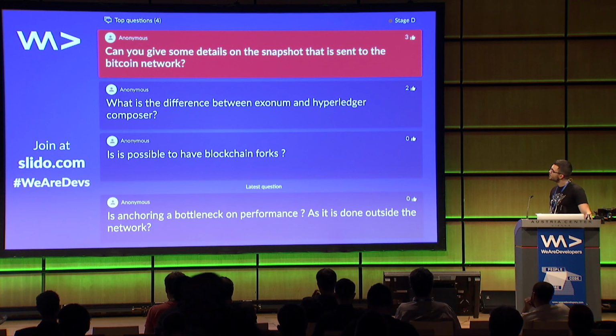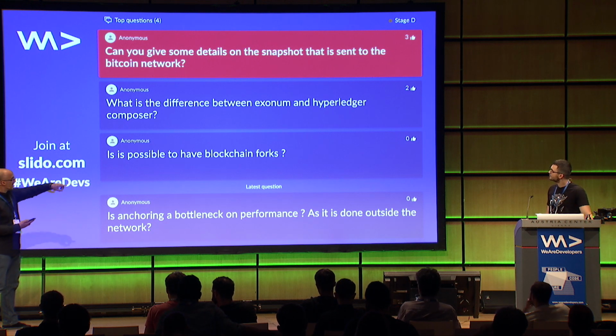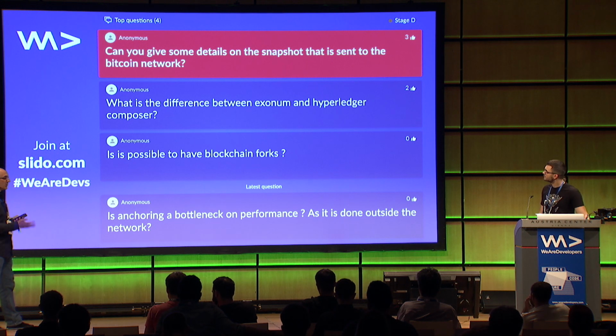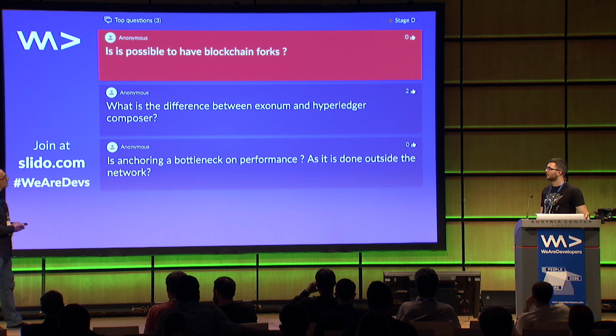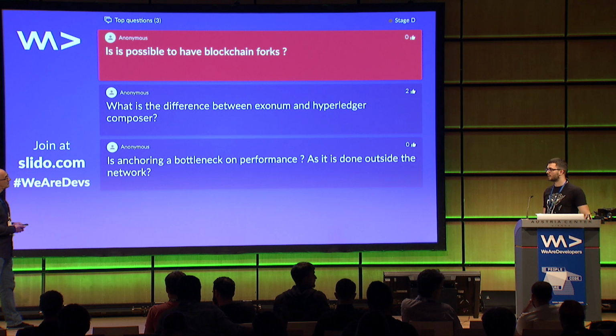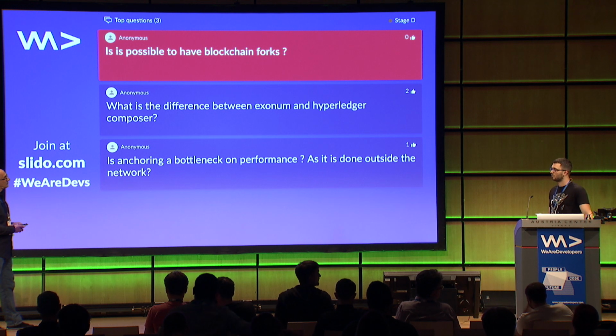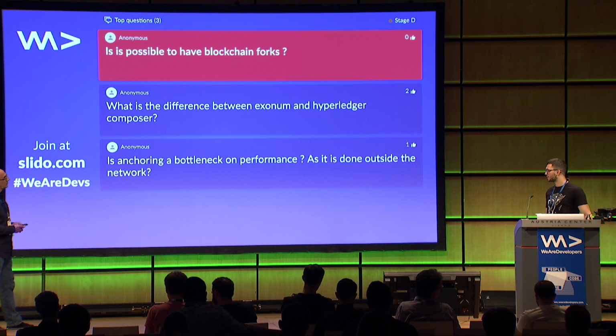Okay. So maybe this question would be more in line with what you just answered. I want to come back to the Hyperledger question. Is it possible to have blockchain forks? Well, basically, this is a library. We are working on a library, and it's open sourced. You have to take this library and put in your business logic, and you don't need to fork something like in the case of Ethereum, for example, or Bitcoin.